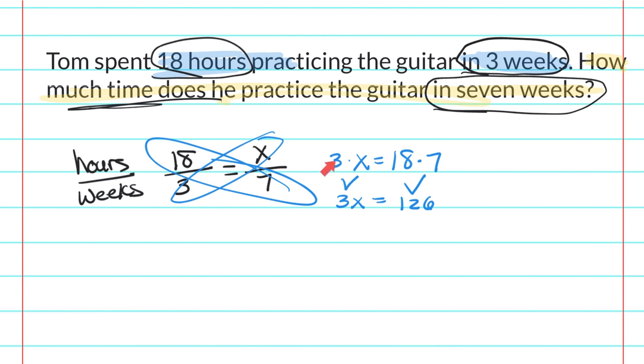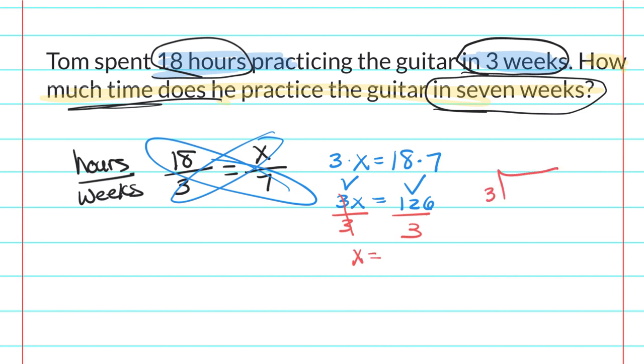We did 3 times x and got 3x, so I need the opposite of times, the inverse operation. The inverse operation of multiplication is division. If I divide by 3, remember if I do it to one side, I must do it to the other because I want them to stay equal. So if I divide both sides by 3, that will cancel out here, leaving me x.